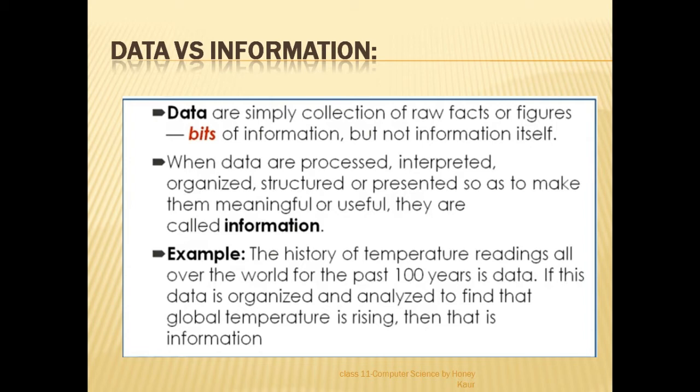So data means raw data. जिस तरीके से एक कच्चा माल होता है, data is also a raw material which we have to process. The central processing unit processes that data and then it is produced in the form of information. So information means processed data, organized data, structured data that has some meaning in our life.